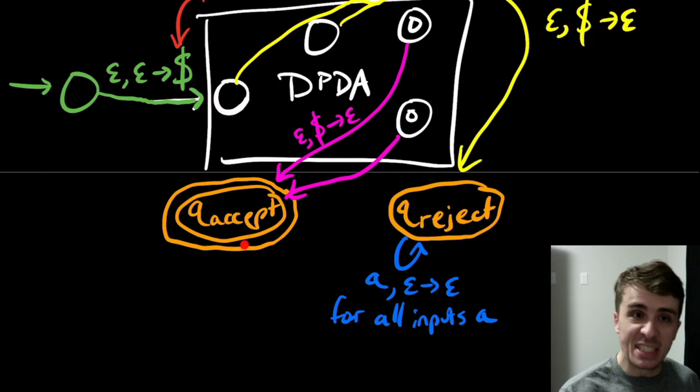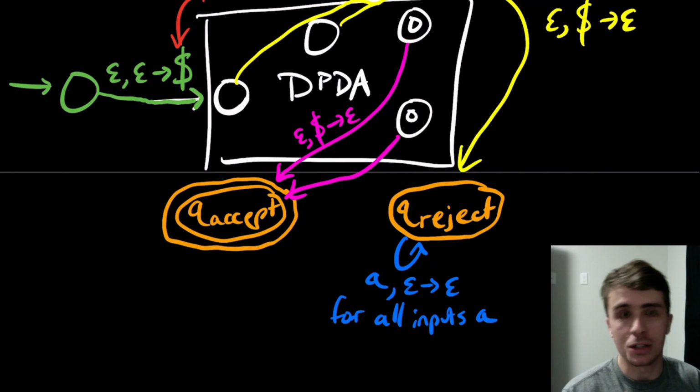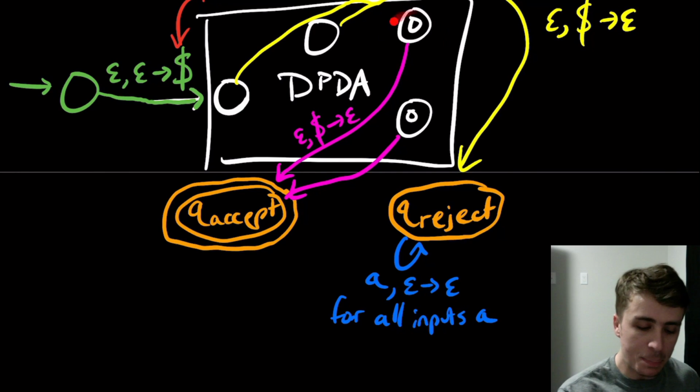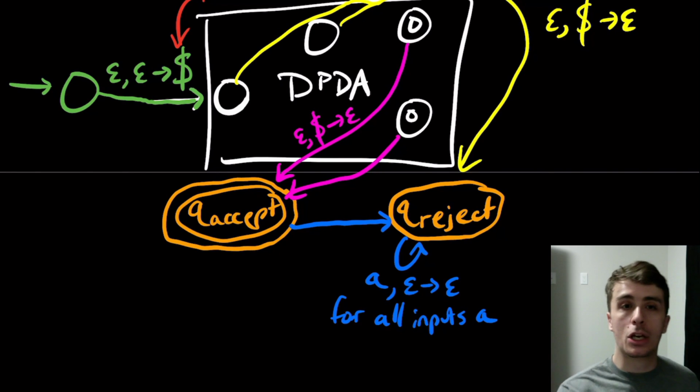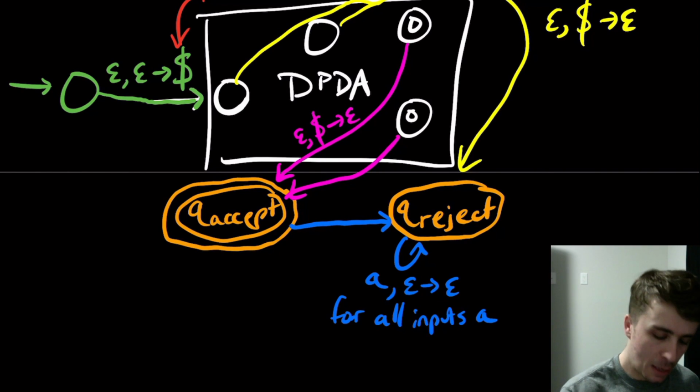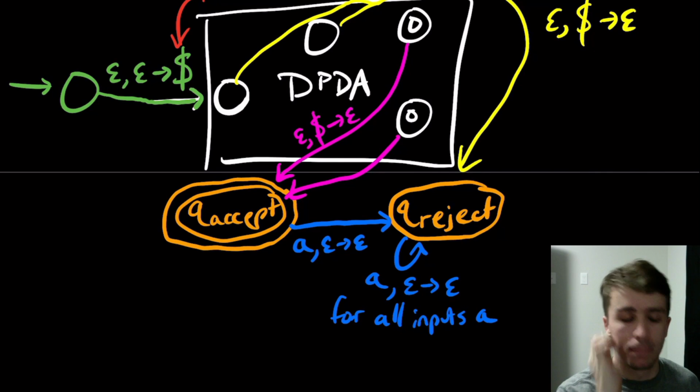That will ensure that we actually do read the whole input, because we're forced to take these transitions. From the accept state, if we haven't read the whole thing by that point, then we need to reject, because if we go to the accept state and try to read something else, then we haven't really accepted. So here it's very similar, but it goes over to the reject state: A, epsilon, epsilon, for all inputs A, just like before.